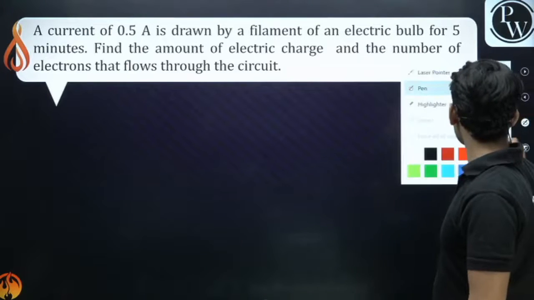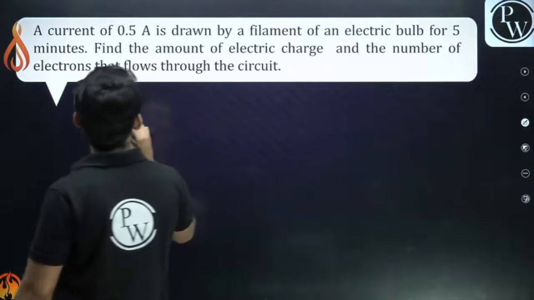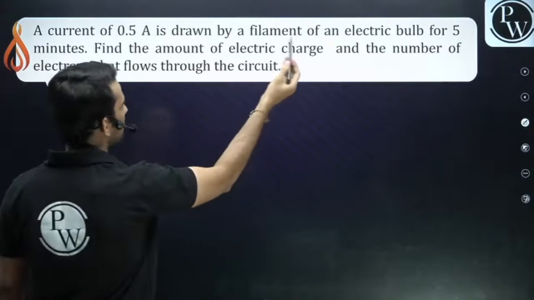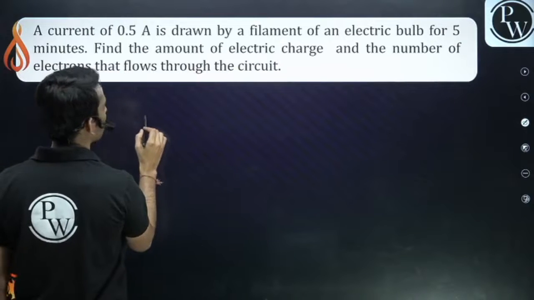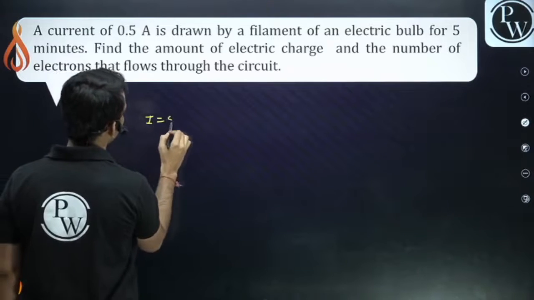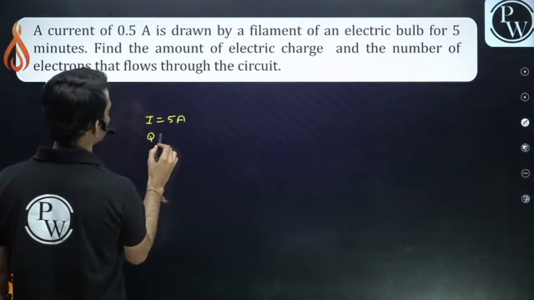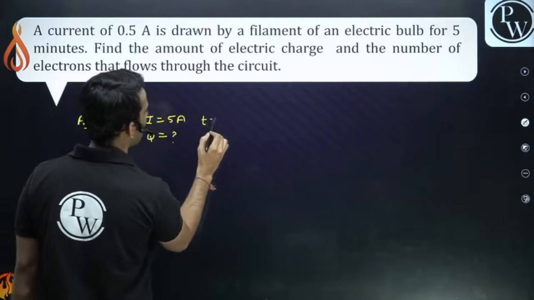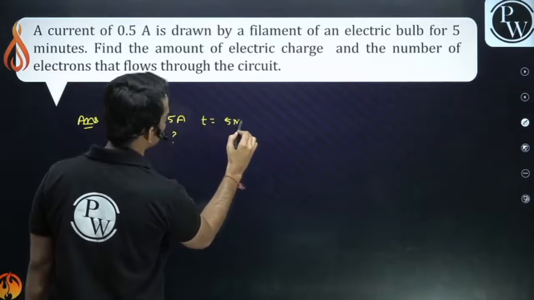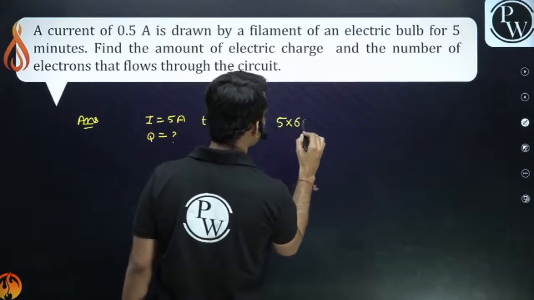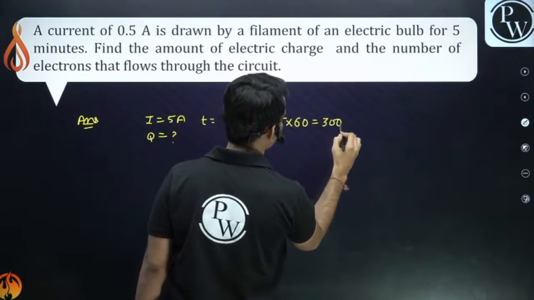Let's try a question on this now. A current of 0.5 ampere is drawn by a filament of an electric bulb for 5 minutes. So guys, current I is 0.5 ampere. You have to calculate the amount of charge, and the time taken is 5 minutes. Convert this into seconds: 5 into 60, which is 300 seconds.